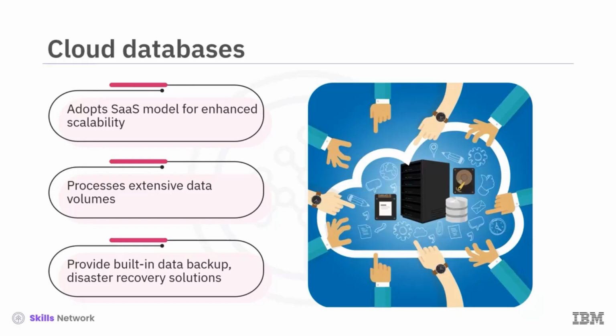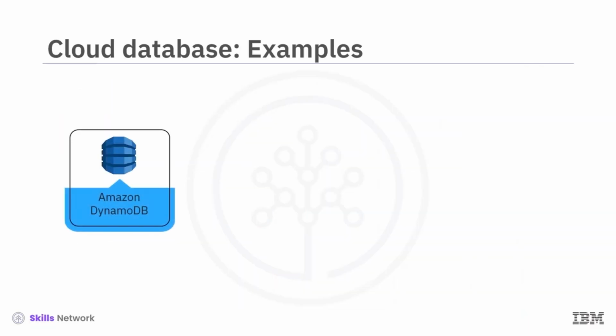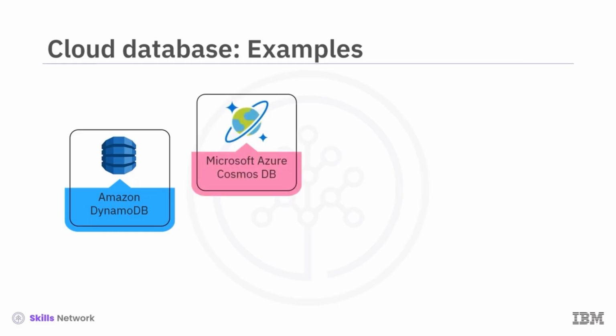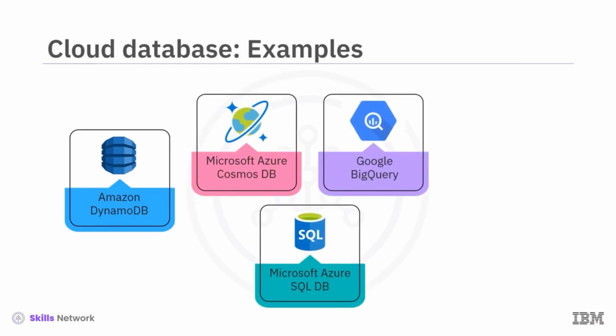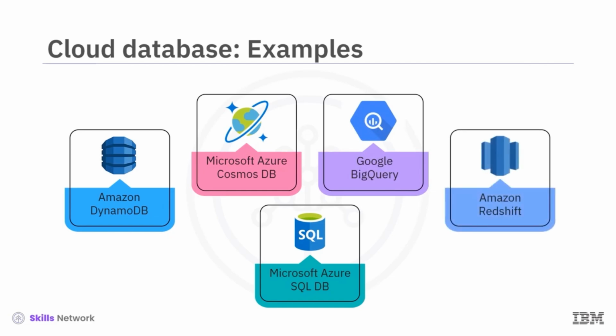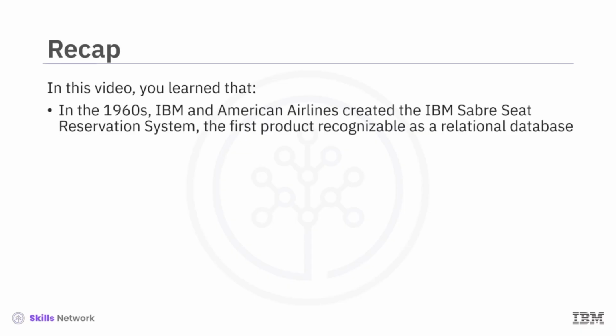Cloud platforms provide built-in data backup and disaster recovery solutions, guaranteeing critical data protection. Some of the leading cloud databases include Amazon DynamoDB, Microsoft Azure Cosmos DB, Microsoft Azure SQL DB, Google BigQuery, and Amazon Redshift.